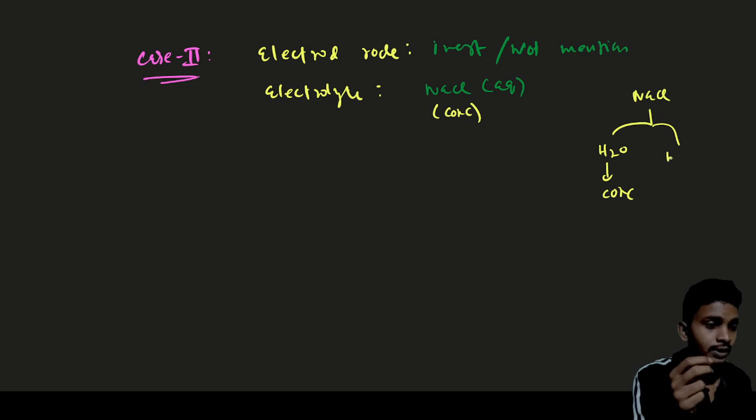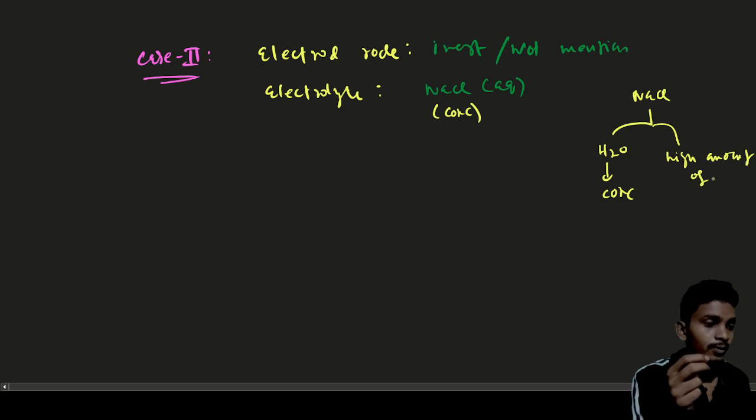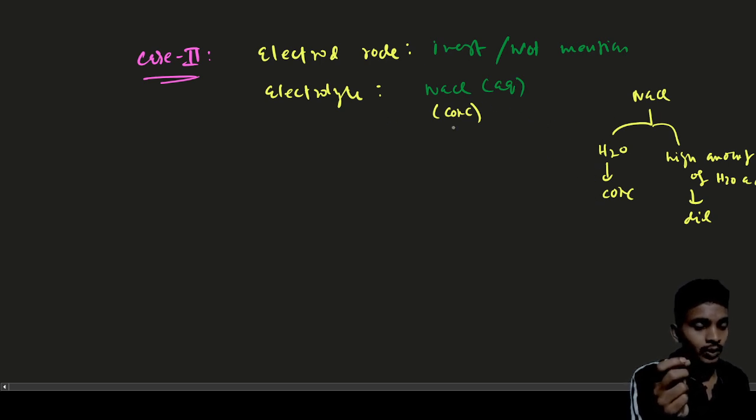But if we say a high amount of water is added, in that case this will become dilute. The two cases we will discuss. So this is the electrolytic case when you are adding concentrated solution.